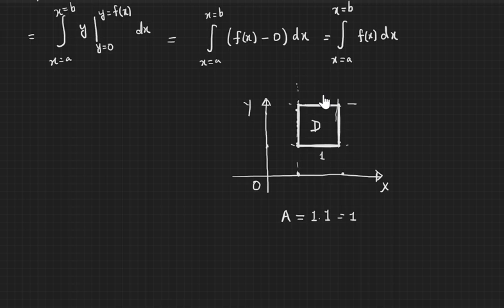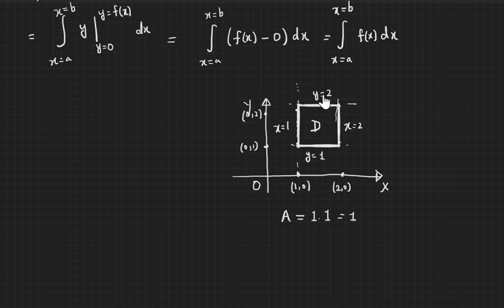Since we know that the coordinates of this point are 1, 0, the coordinates of this point are 2, 0, the coordinates of this point are 0, 1, and the coordinates of this point are 0, 2. Hence, this equation is x equals 1, this one is x equals 2, this one is y equals 1, and this is y equals 2.